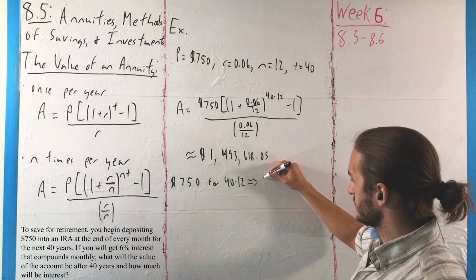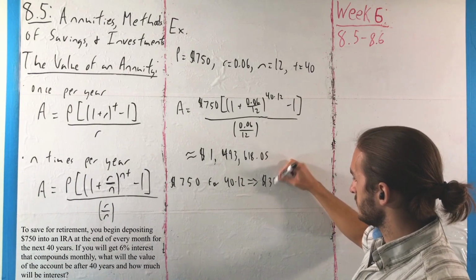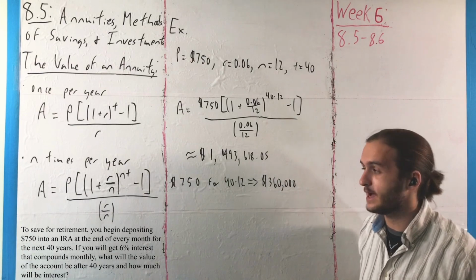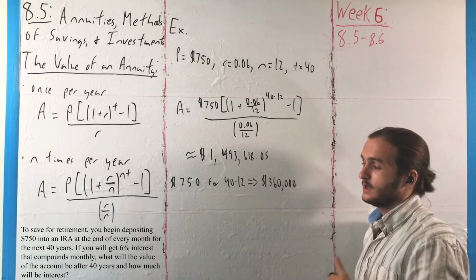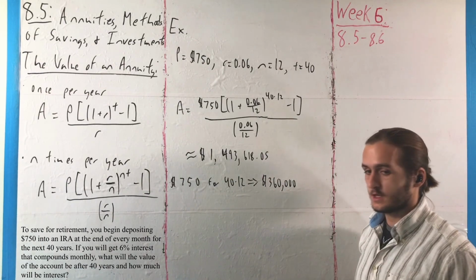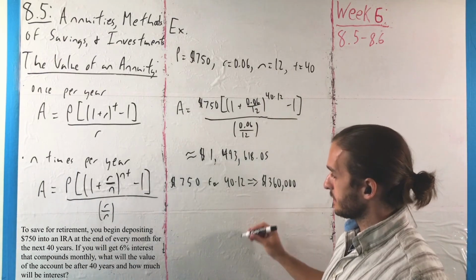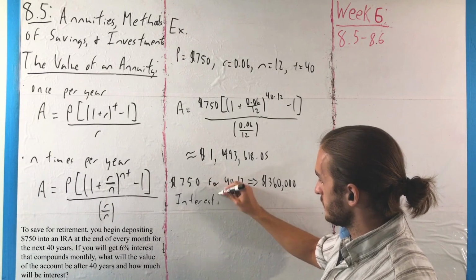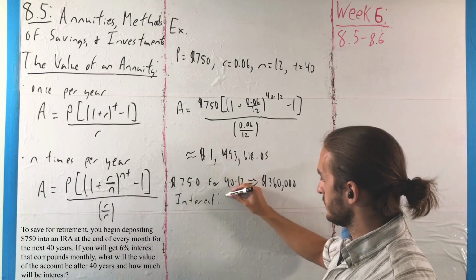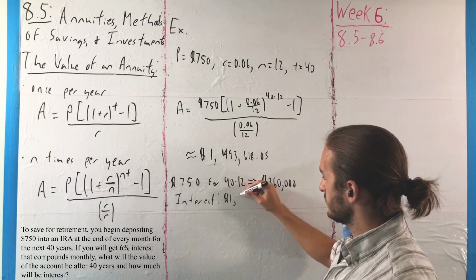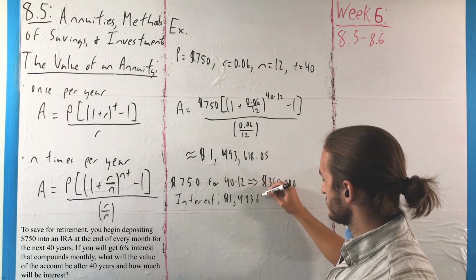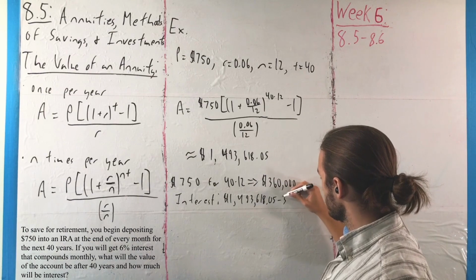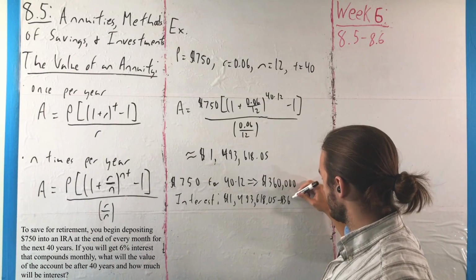So your total investment here would be $360,000, still quite a lot, but relative to that, not so much, because your interest would in this case be that 1.4 million, $1,493,618.05, minus $360,000.